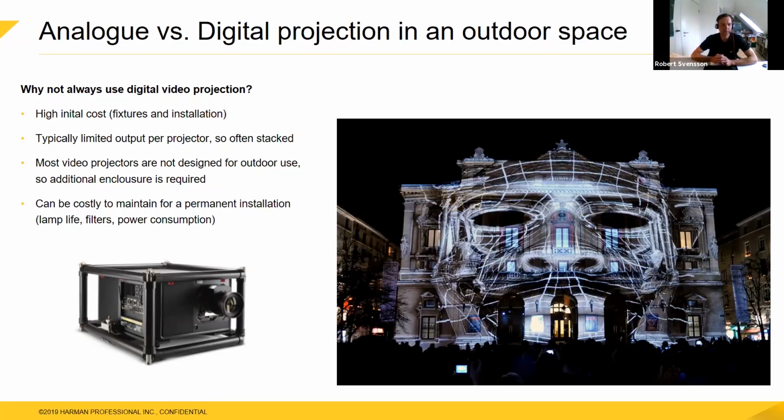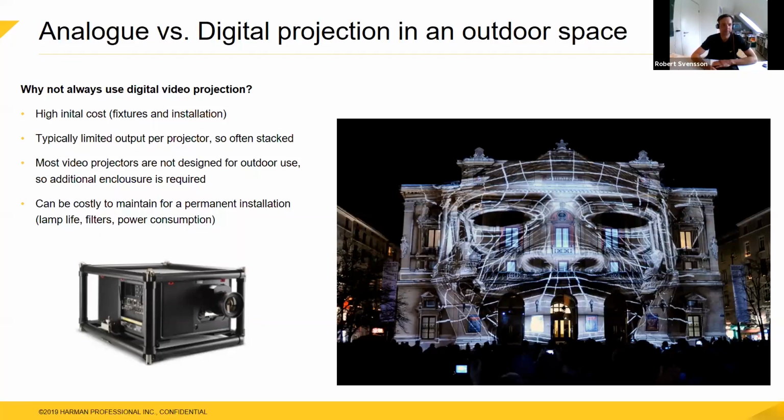And then when you get everything up and running, you can have some rather costly lamp life, the filters need to be changed, and the power consumption is also rather high. So it all really sums up and becomes super expensive. And I guess that's why we only see this fantastic tool used in more temporary solutions. But what we talk about today is definitely something that can be used in a more permanent situation.